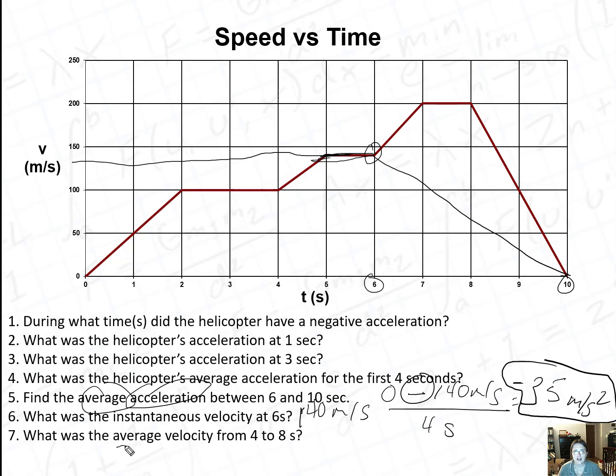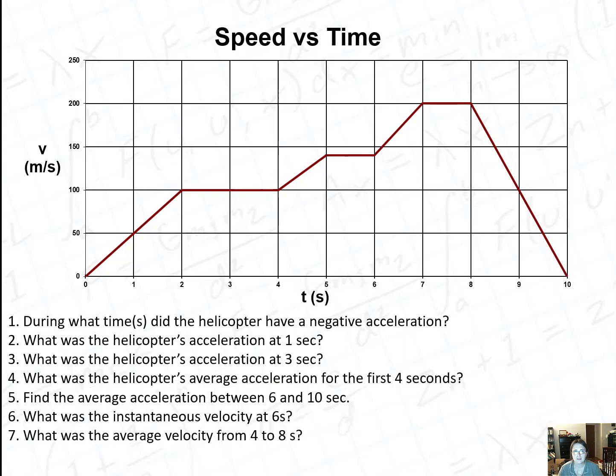And then it asks for the average velocity from 4 to 8 seconds. So this one is a little bit tricky, and everyone always forgets about this. It's not an equation on the reference table, but we start at 4 seconds. So it's 100 meters per second. And then we go to 8 seconds, and that's 200 meters per second.